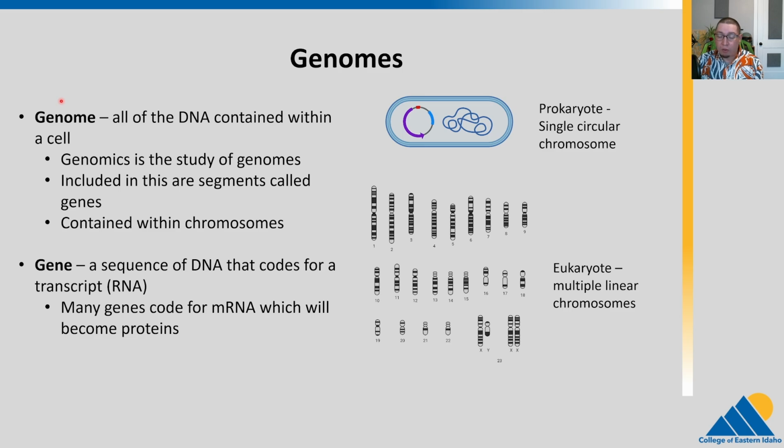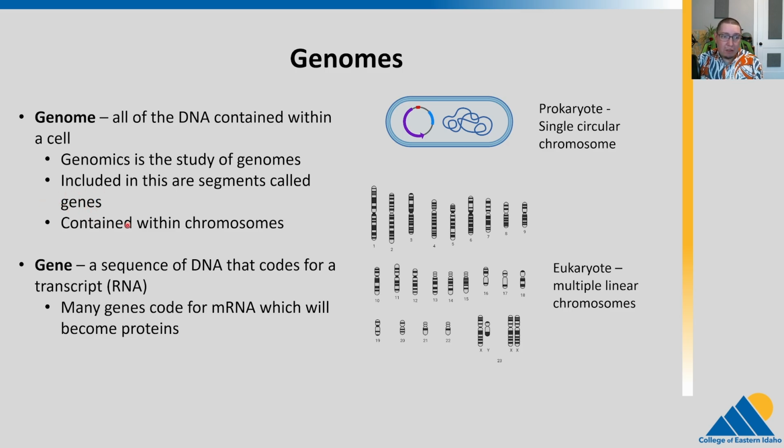When I was in high school, they were working furiously on sequencing the human genome, and the genome is all of the DNA contained within a cell. So you have a cell, and the genome is all of the DNA that's in there. We have an area of study that's called genomics that studies genomes, and included in the genome are segments that we call genes. I will define those in a second.